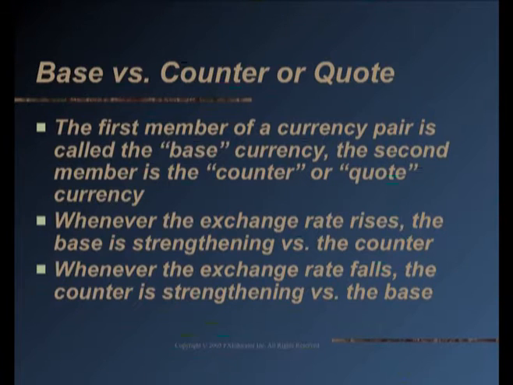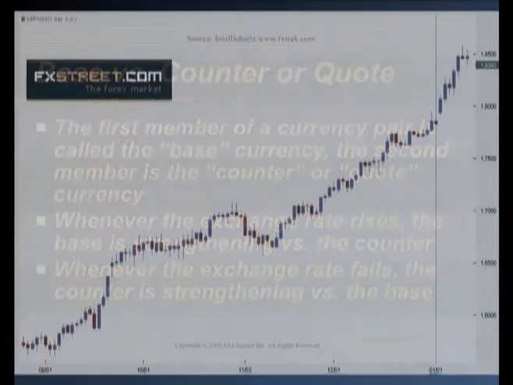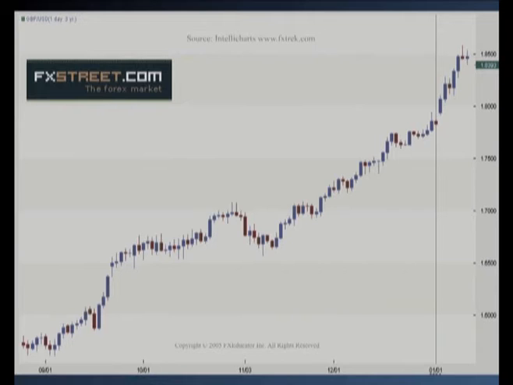If, on the other hand, the exchange rate is falling, that means that the counter currency is strengthening and the base currency is the one that is falling. So if we take a look at a chart, for example, and we see that the exchange rate is rising, that means that the base currency is strengthening versus the counter currency. Doesn't matter which pair you're trading, that is always true. That's a constant.